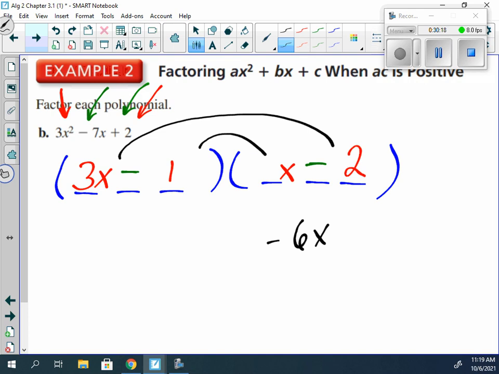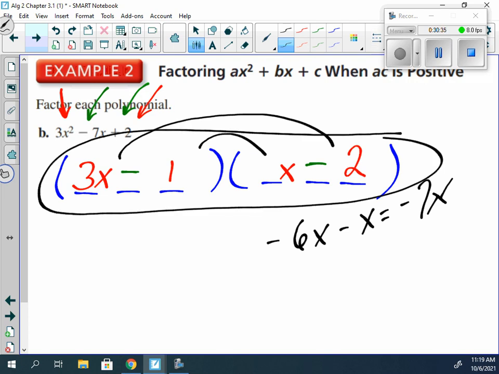Negative 1 times x is negative x. Negative 6x minus x is negative 7x. Is that what we wanted? All right, we're done.